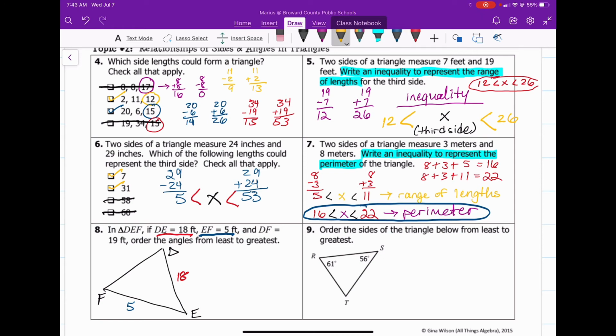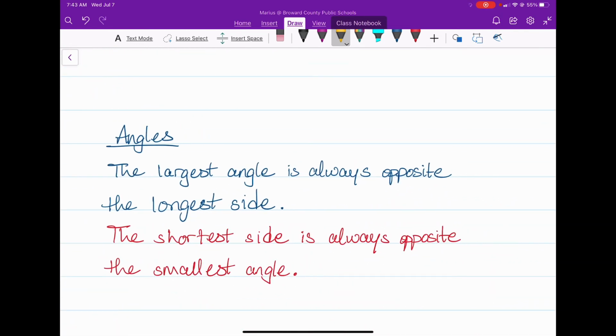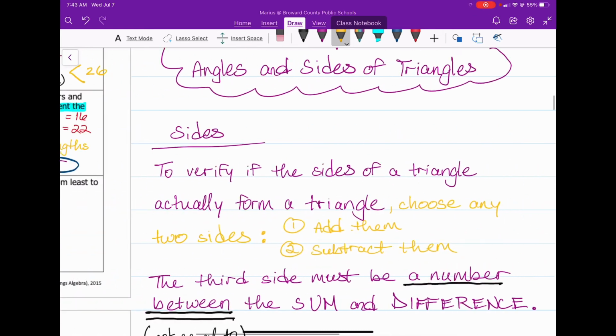And DF is 19. Now, for this one, we need to revisit this right here. We said that the largest angle is always opposite the longest side, and the shortest side is always opposite the smallest angle. So we got to think about opposites.